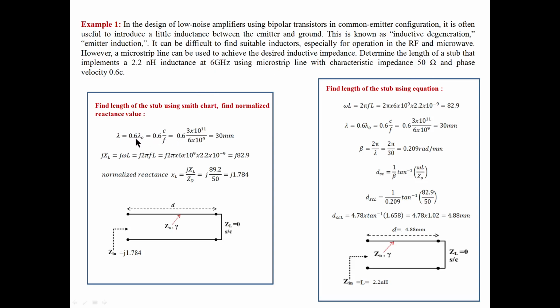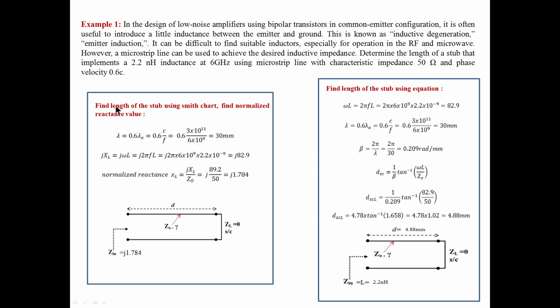The phase velocity is given as 0.6 times, so this is 0.6 times lambda naught. So lambda is equal to 30 mm corresponding to 6 gigahertz. I want 2.2 nanohenry at the input side.